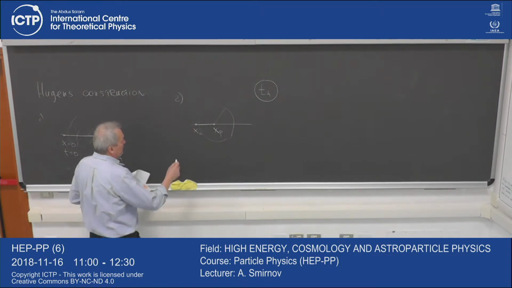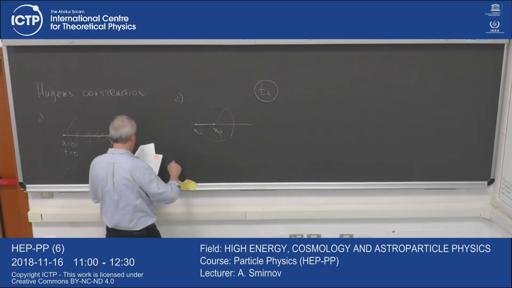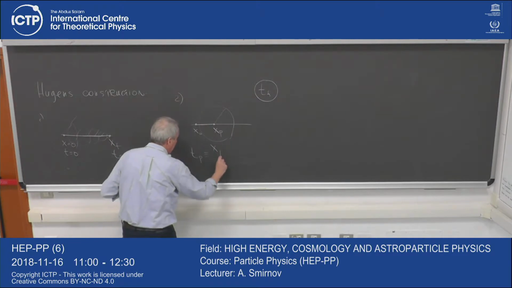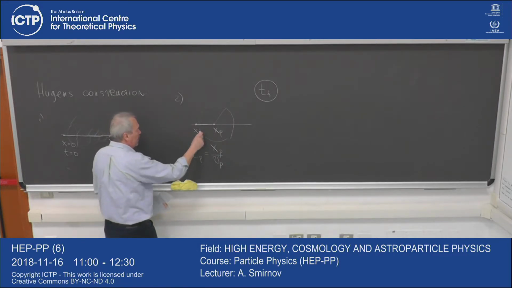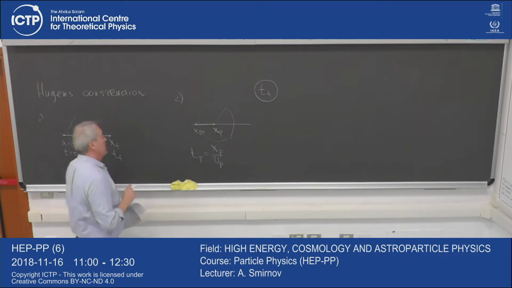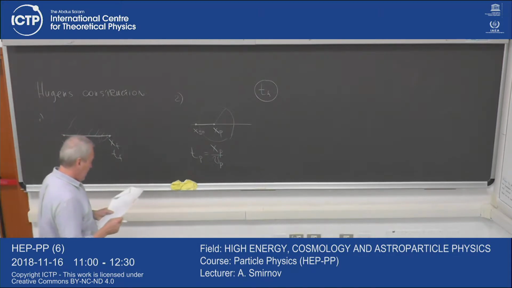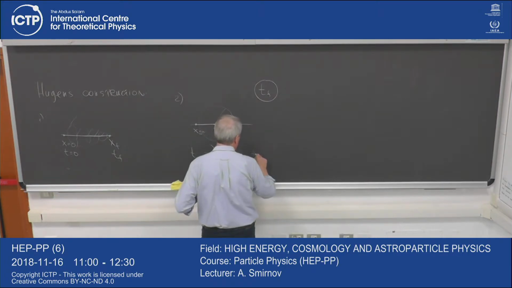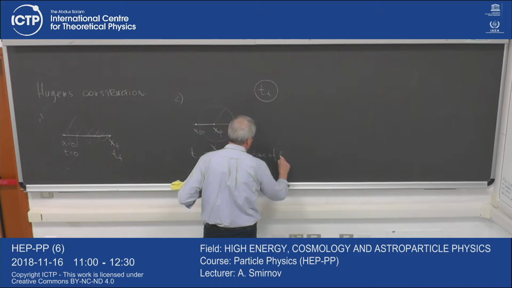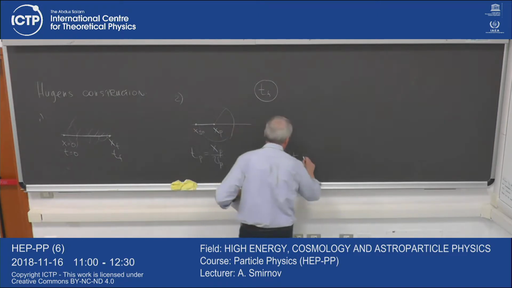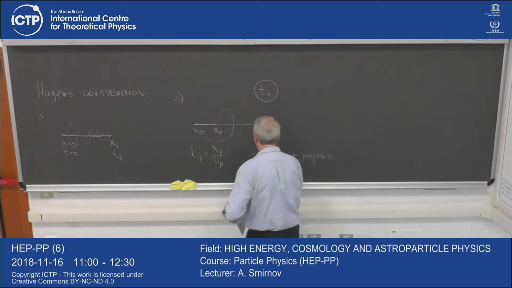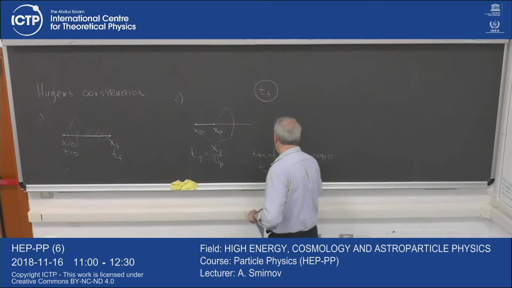So the time of propagation of the particle in this case is given by xp divided by the velocity of the particle. So at this time, the particle will be at this point xp, and then the time of propagation of light will be Tf minus T particle.